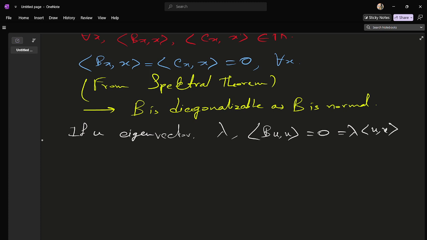That means for the eigenvector u, Bu is equal to lambda u.